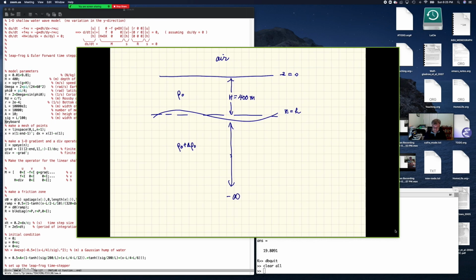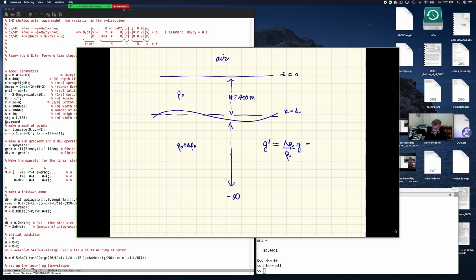So we're going to imagine that we have a layer of water up here above a deeper layer of more dense water, which is maybe 1% denser than the water above it. And the effect of this will be that the buoyancy effect, when there's a wave pushing up or pushing down on the bottom one, the effect of gravity will be greatly reduced because the density difference between two layers is very small. And so in this case, the effective gravity, g prime, the reduced gravity, is going to be equal to delta rho naught over rho naught times g.